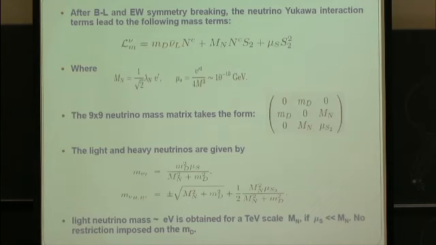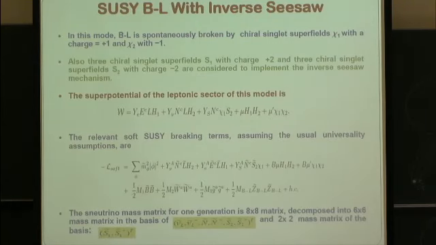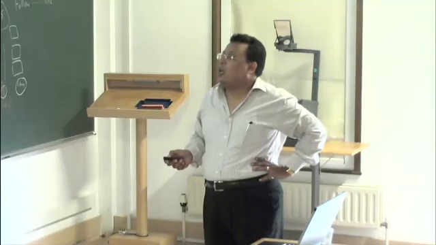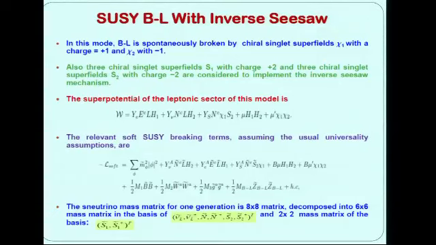Now, the supersymmetric version of this model, because I wanted to discuss the implementation of this model for the Higgs mass correction. In the SUSY version of B minus L with inverse seesaw, we will have, besides the light left-handed sneutrino, a couple of right-handed sneutrinos, and this what we called S tilde.